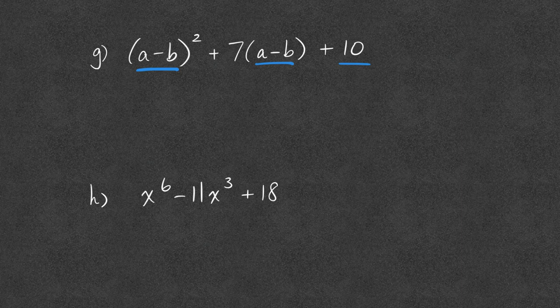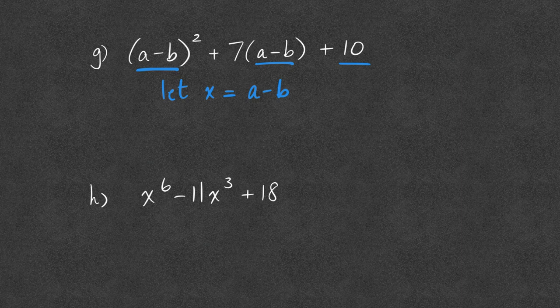If we are struggling to see that as a hidden trinomial, then here's a strategy to try if you are struggling to see certain expressions. It's just called substitution. I might say that I'm going to let x, just some symbol, equal that expression that pops up a couple times, that a minus b.